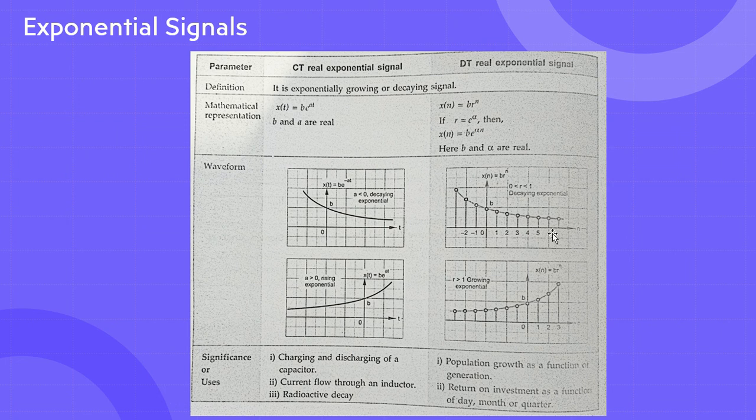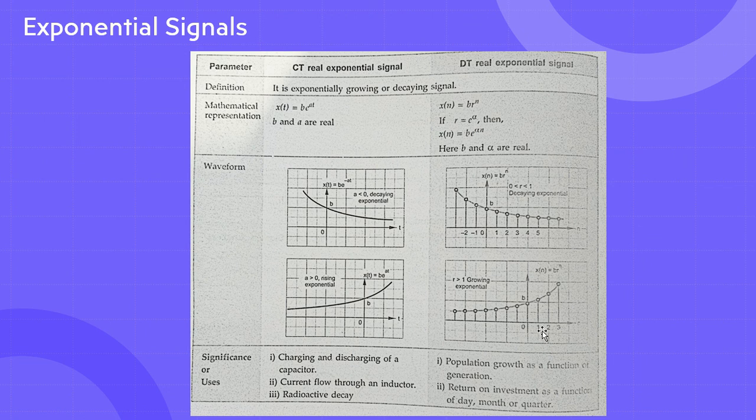And the discrete time real exponential signal, where do we use it? We can show the population growth as a function of this signal, right? With this growing exponential signal, we can demonstrate the population growth as a function of generation. We can take the samples per 10 years and show it.